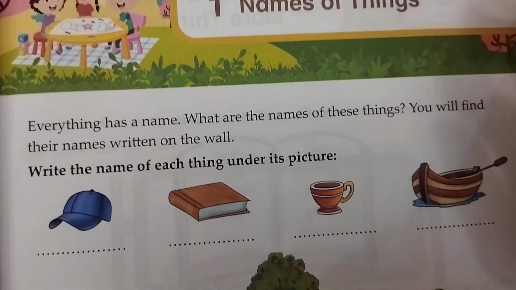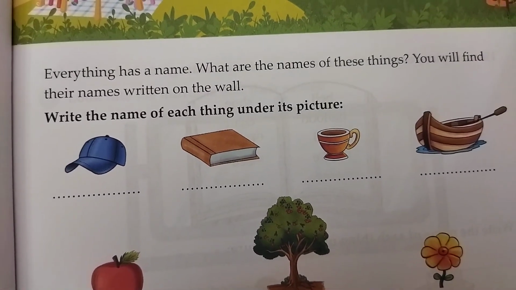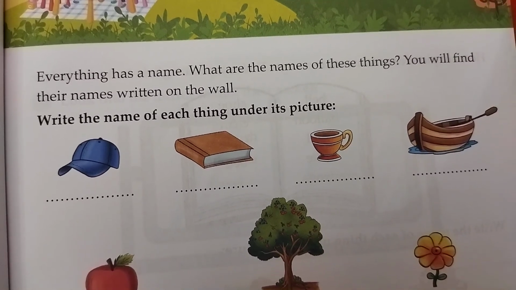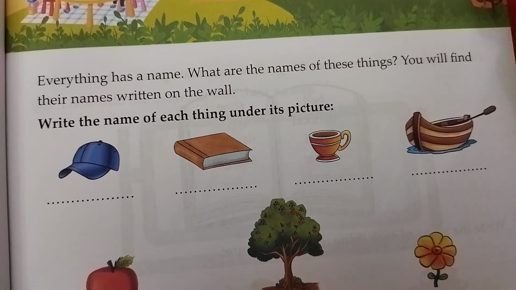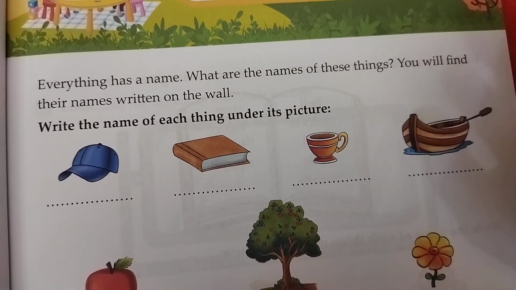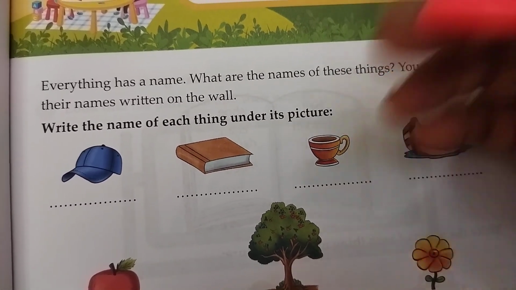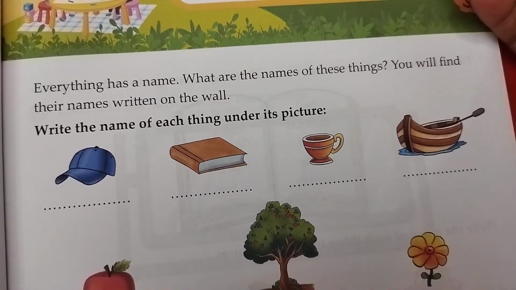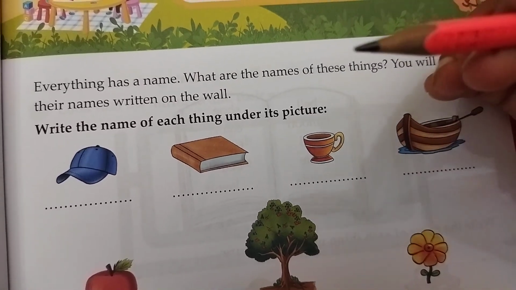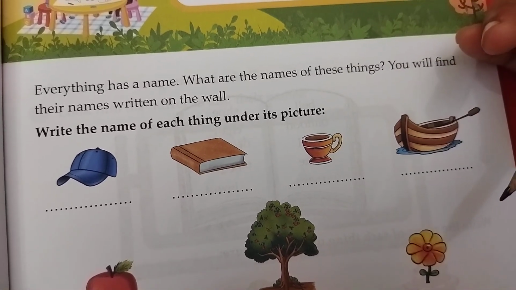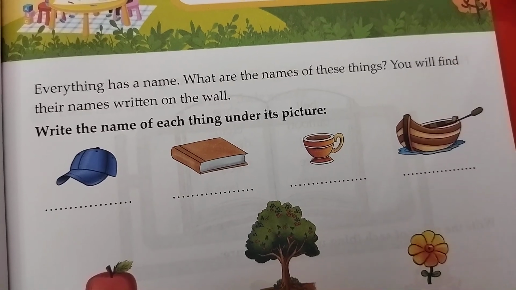Students, before starting the lesson, let me give you a brief explanation of what we are going to learn today. Just look around where you are sitting. What things can you see just behind you, just beside you, just in front of you, just above your head, just underneath you? You can see a lot of things all around you.